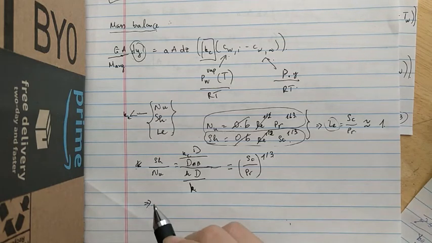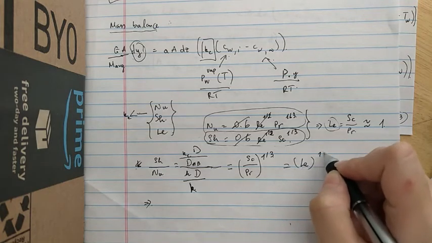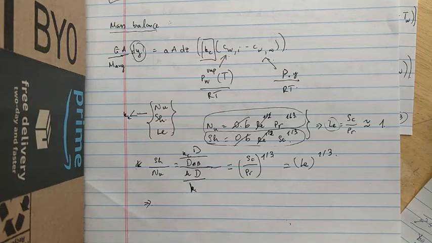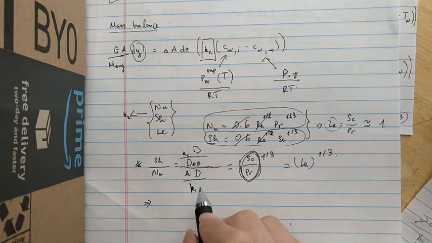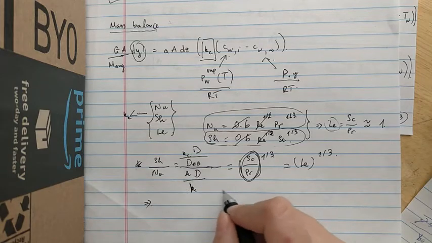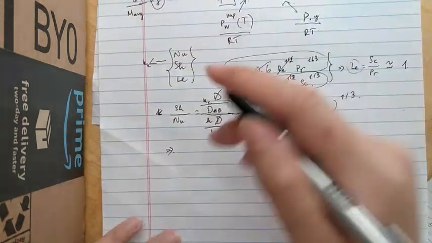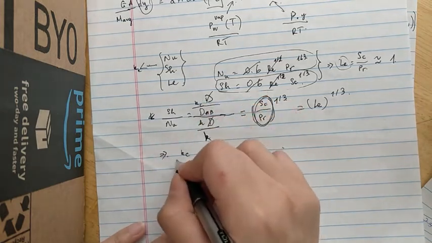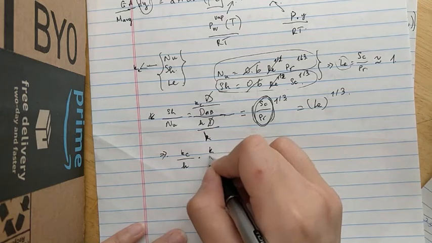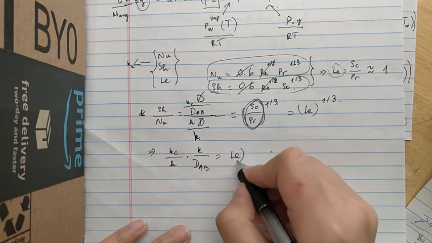So this equals the Lewis number to the 1/3, and we can cancel to get Kc over H times K over DAB equals the Lewis number to the 1/3.